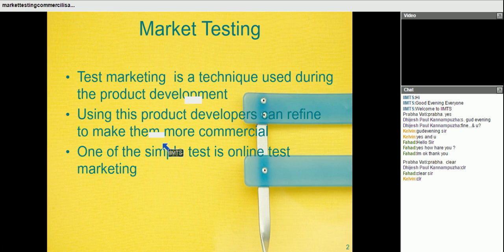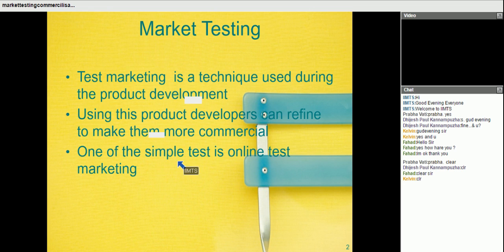So they work day and night to make sure that the product fulfills most of the desires of the customers, right? So this technique helps them in a great way in refining their product and trying to make it more commercial. More commercial means more market friendly, right?